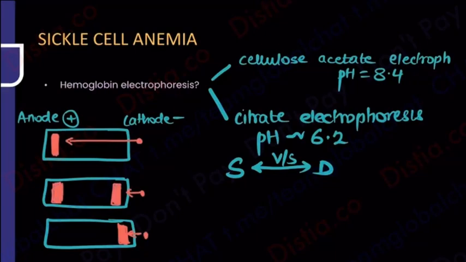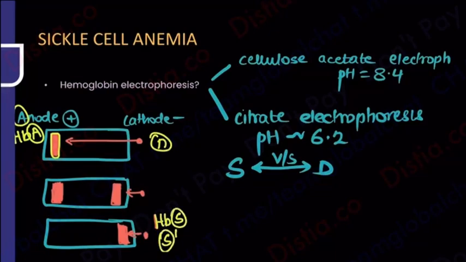So how will you differentiate? You will say, ma'am, that HAFSA mnemonic is not coming to my mind. I'll tell you. You always remember that in HAFSA, adult hemoglobin always stays near the anode. So when over here only adult hemoglobin was there, this means this was a normal person. On the other hand, the sickle hemoglobin that you have is said to be very, very slow.